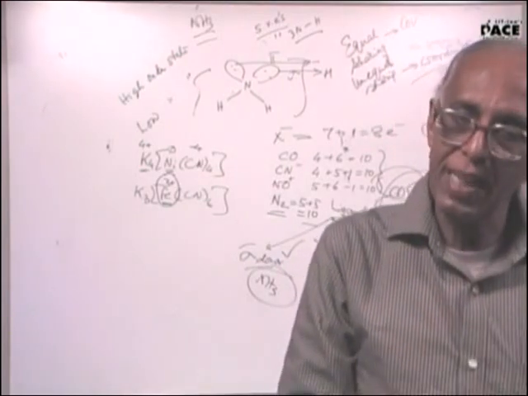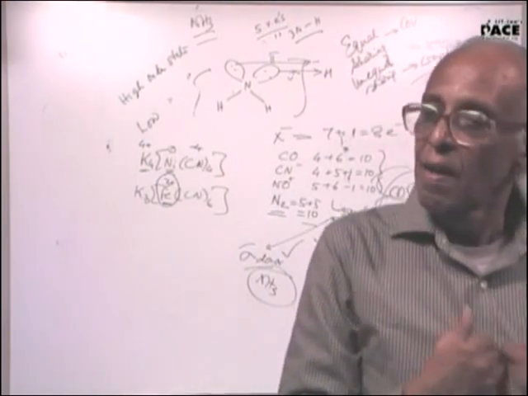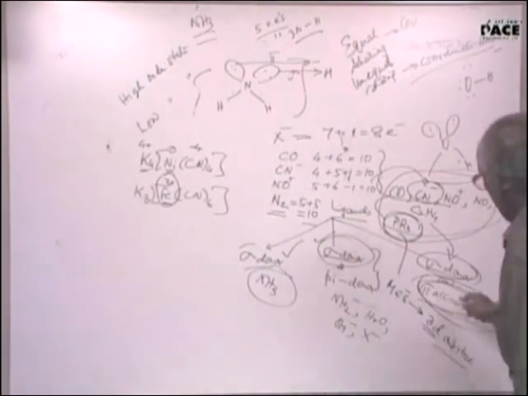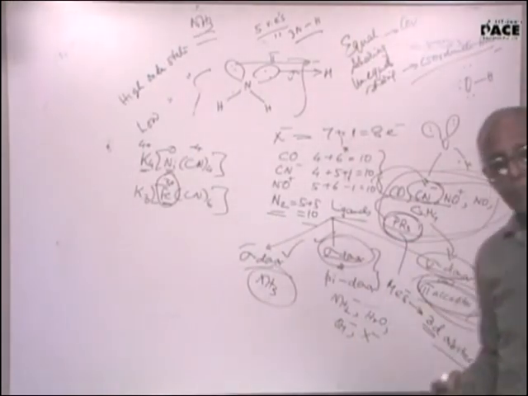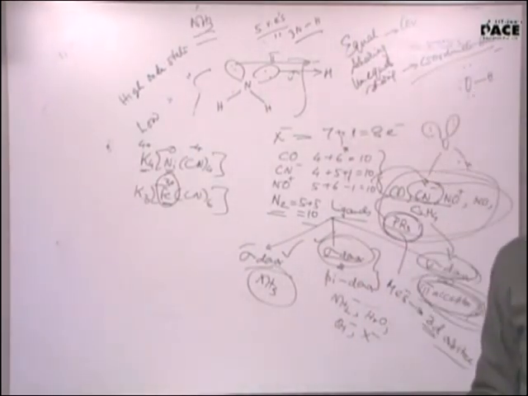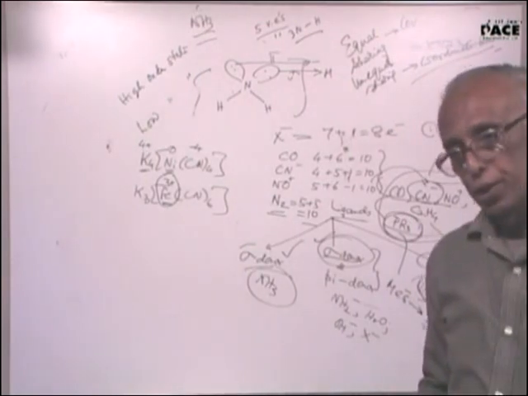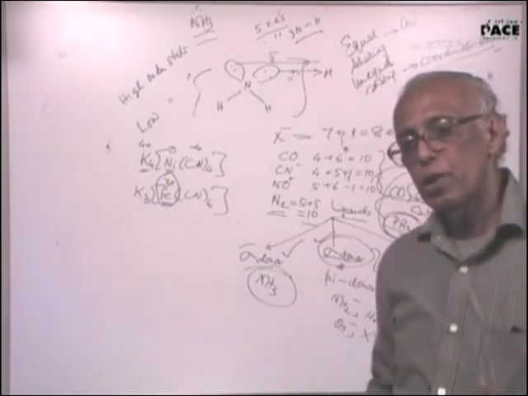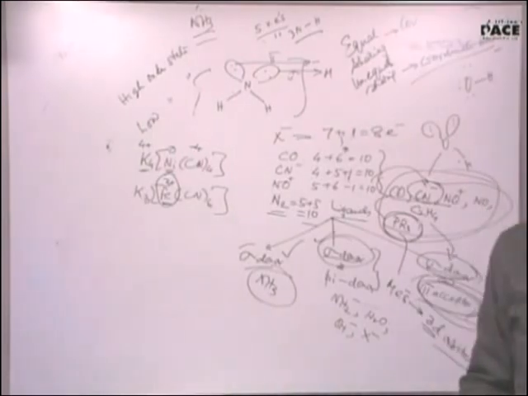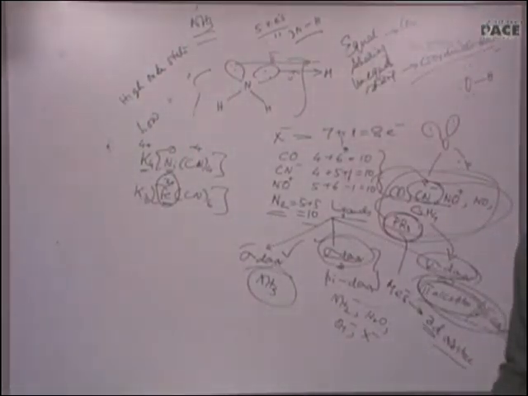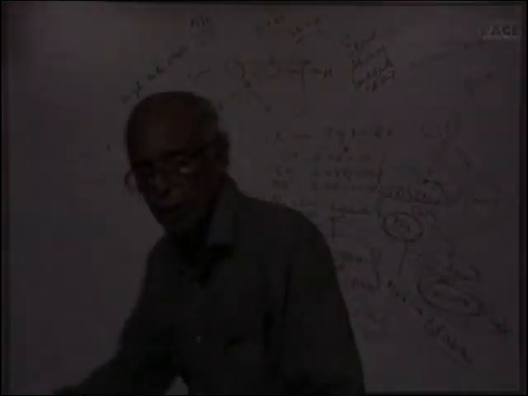So they stabilize the high oxidation state. This requires the back donation of electron from the metal. So since it accepts the electron from the metal, the metal must be in an electron rich condition. And the metal is electron rich when it is in a low positive oxidation state. Yes. So that's all about today's lecture, okay?